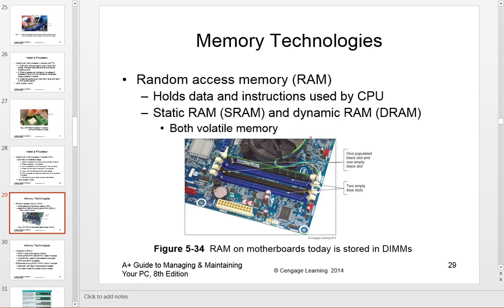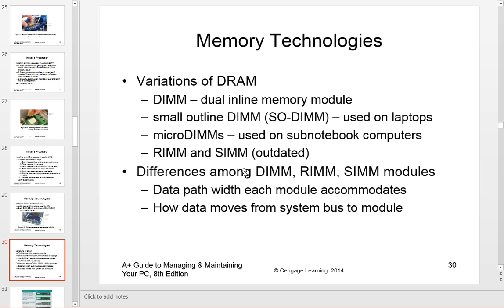It holds your data and instructions used by the processor. You have two different ones called static and dynamic RAM, and then this shows you a RAM slot, which you guys have done as part of an exercise already, to take out and install a couple sticks of RAM in an old computer, but that's what they look like. You have different types of dynamic RAM.